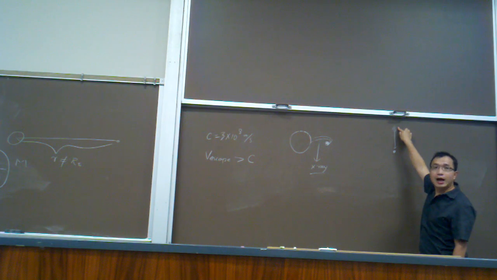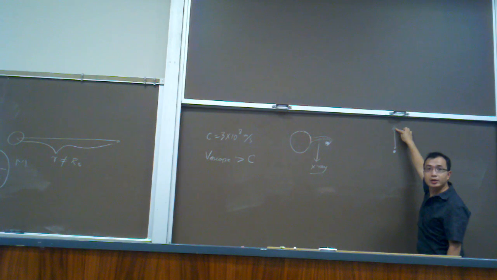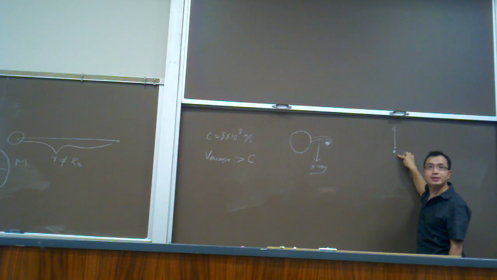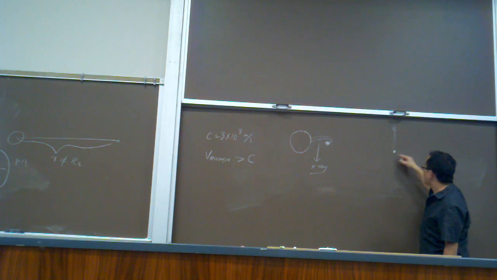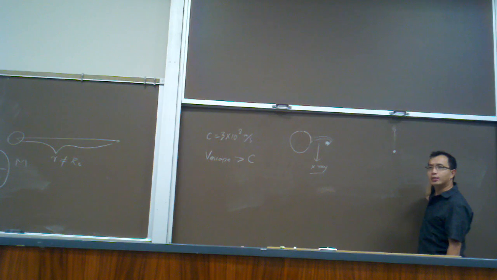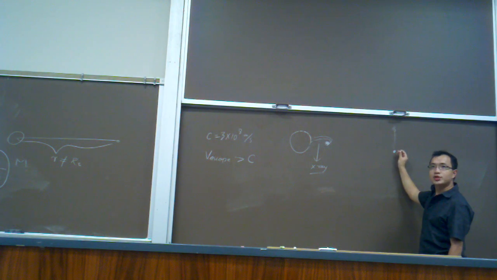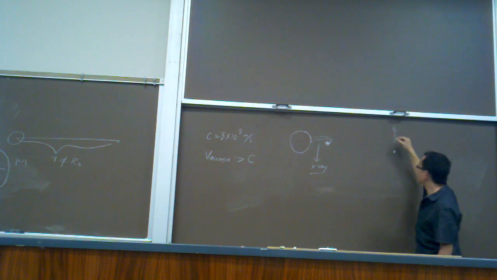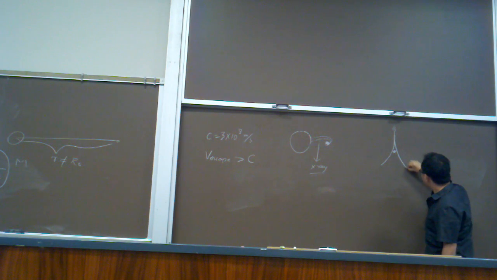The light emitted from the star, naively thinking it will be blocked by the black hole, so we cannot see it. But in fact, what happens is that for the black hole, because the gravitational force is so huge, it can bend the light. So the light will not go through a straight line. It will go like this.